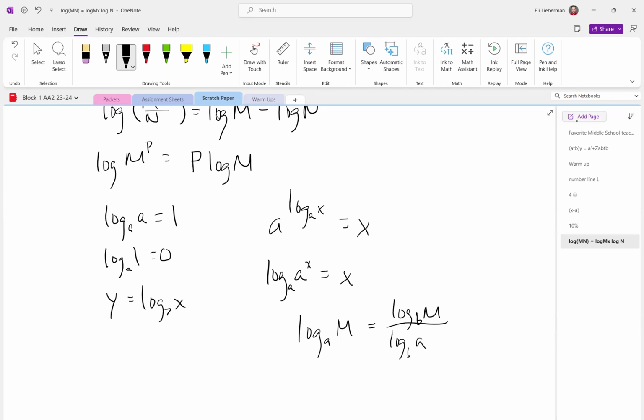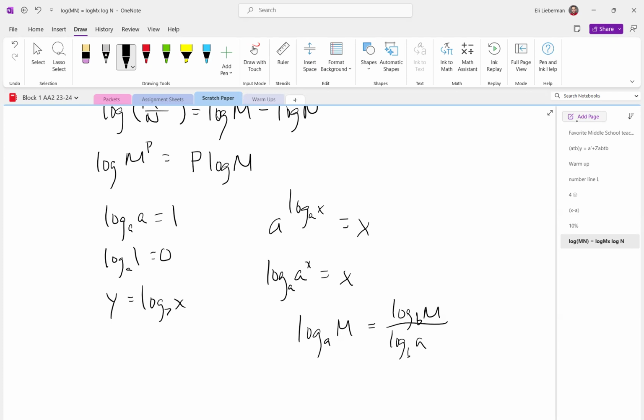Oh, wait, no, it doesn't cross. What's the graph? Do you know what 7 to the x looks like? The points are like (0, 1) and (1, 7). You flip those around and you have (1, 0) and (7, 1).